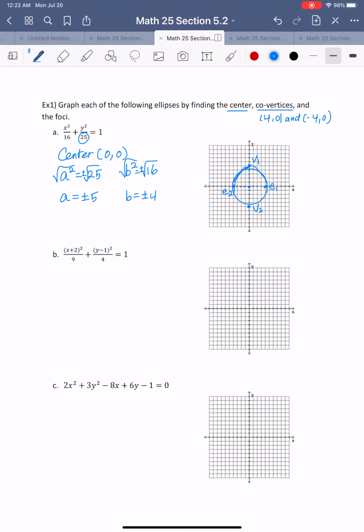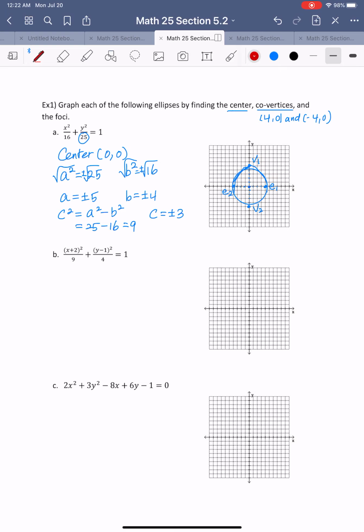And then we also need to find the foci, but the foci formula is c squared equals a squared minus b squared. So a squared is 25 minus 16, which is 9. And then c is actually plus or minus 3. So the foci are along the vertices, okay?